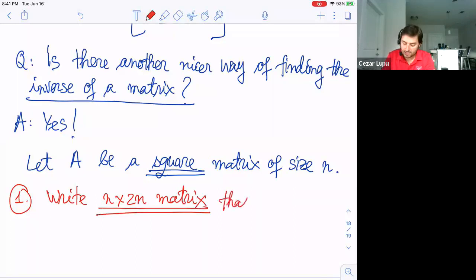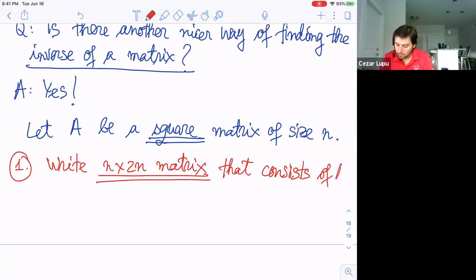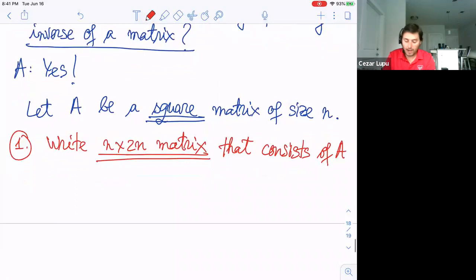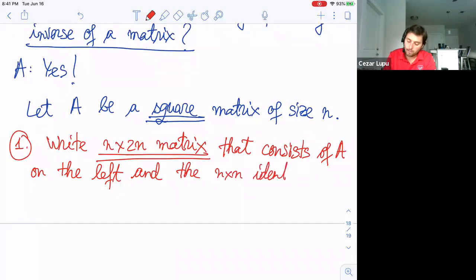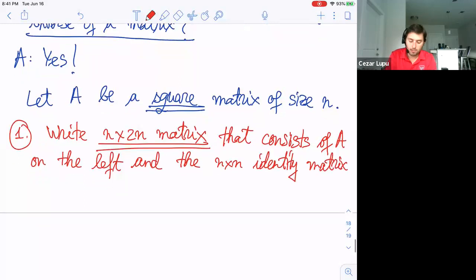That consists of A on the left, and the n by n identity matrix on the right.